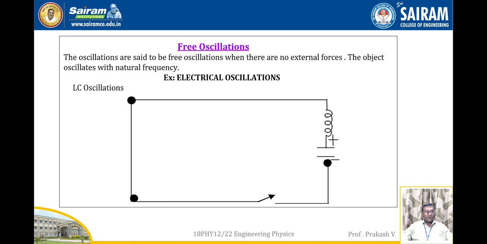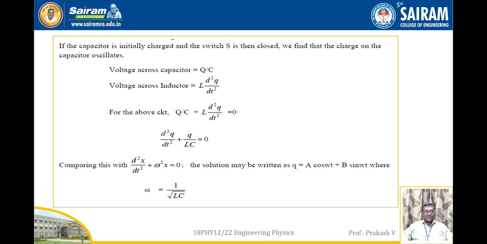Next, if the capacitor is initially charged and the circuit is closed, we find that the charge on the capacitor oscillates. The voltage across the capacitor is equal to Q by C, and the voltage across the inductor is equal to L into d square Q by dt square.